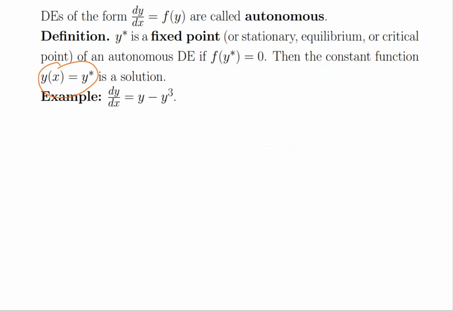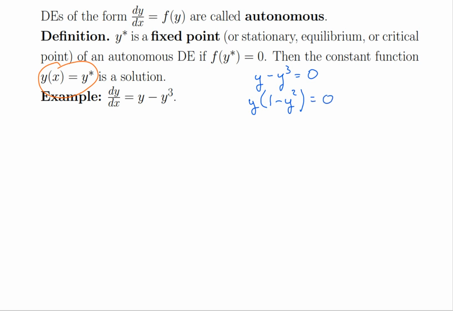Okay, let's work out the equilibrium or fixed points for this one. dy/dx equals y minus y cubed. That means I have to solve y minus y cubed equal to 0. That's a cubic polynomial. So to solve polynomials, you want to factor them. Got a common factor y.